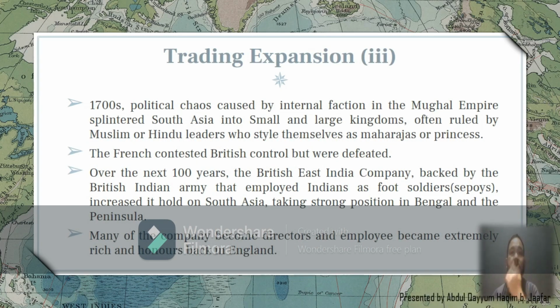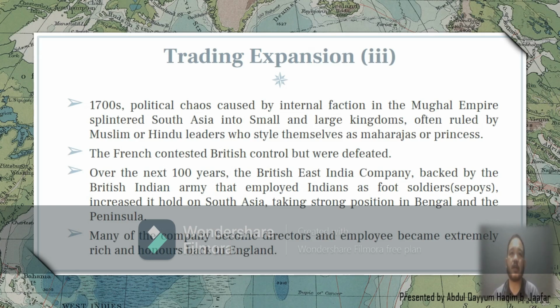Okay, trading expansion number 3. In 1700, political chaos caused by internal fracture in the Mughal Empire splintered South Asia into small and large kingdoms, often ruled by Muslim or Hindu leaders who styled themselves as Maharajas or princes. The French contested British control but were defeated.